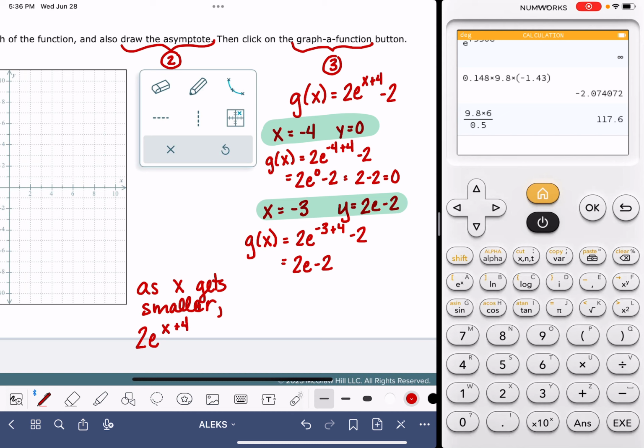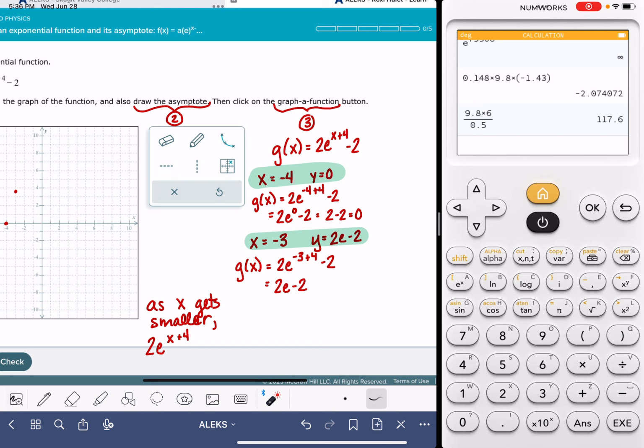As x gets more and more negative is what I should be saying, not smaller. As x gets more negative, this 2e to the x plus 4 term is going to end up getting more and more negative. I'm just going to write very negative up here in the exponent, whatever it is.